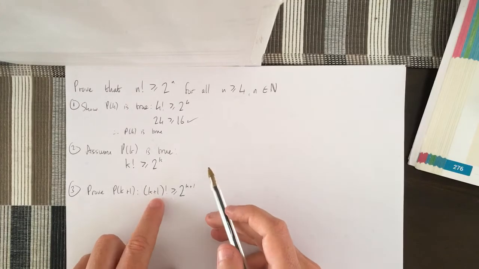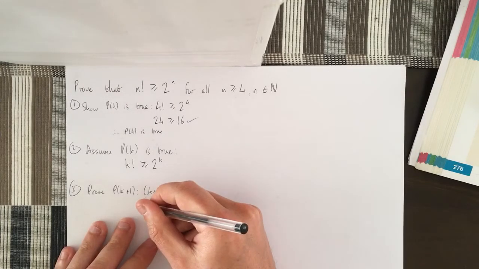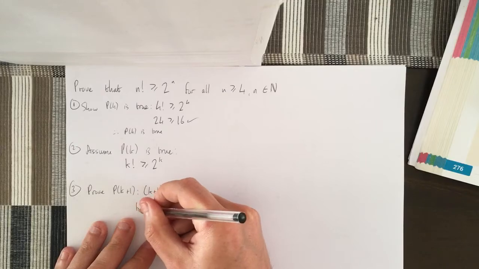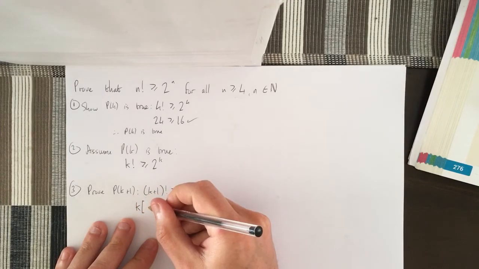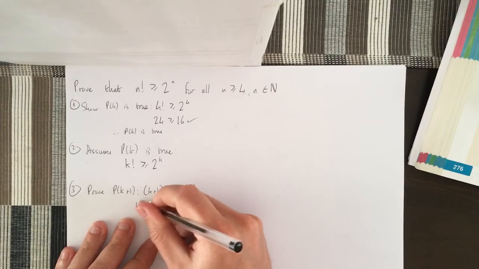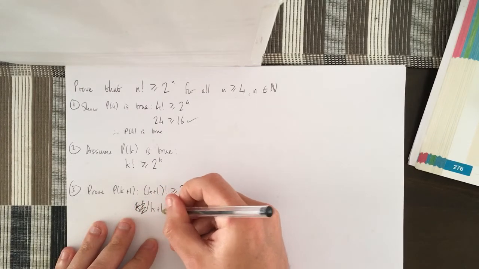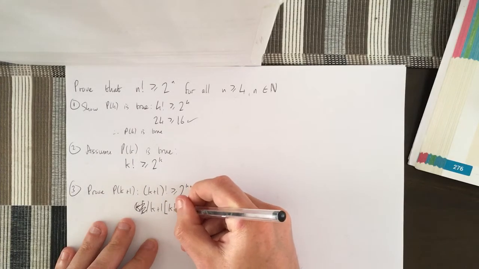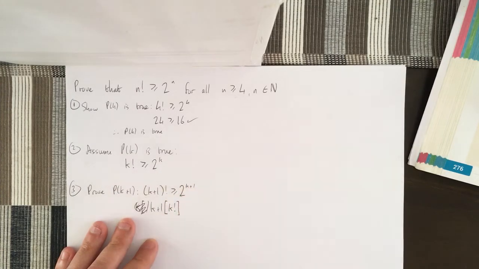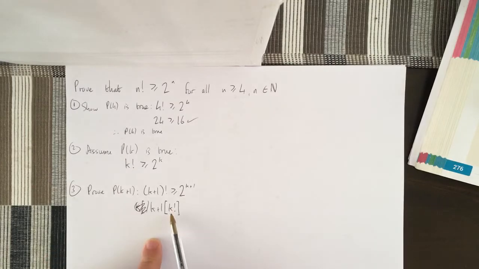So I can rewrite this as K plus 1 multiplied by K factorial. Okay, so this means K plus 1 times K times K minus 1 times K minus 2 all the way down to 1.